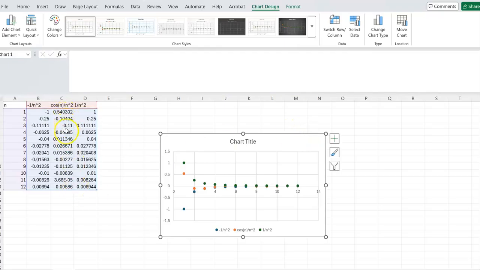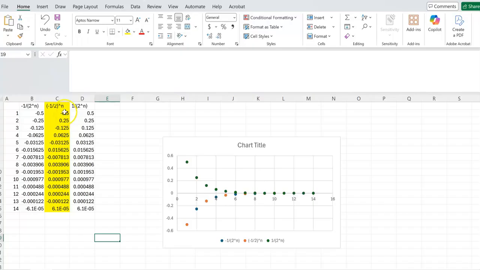This is not monotonic because I am bouncing back and forth between positives and negatives. Same thing here, this is not monotonic. But if I look at this right-hand side, this guy would be monotonic because it is always decreasing. Same thing here, this would be monotonic also because it's always going in that same direction towards 0.